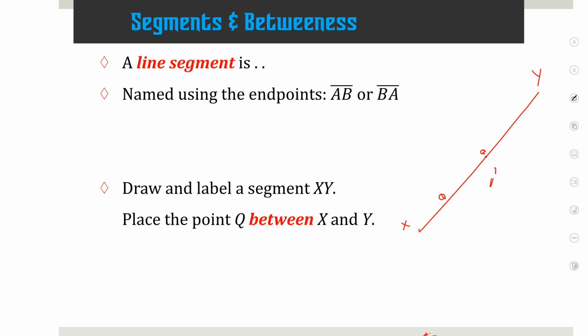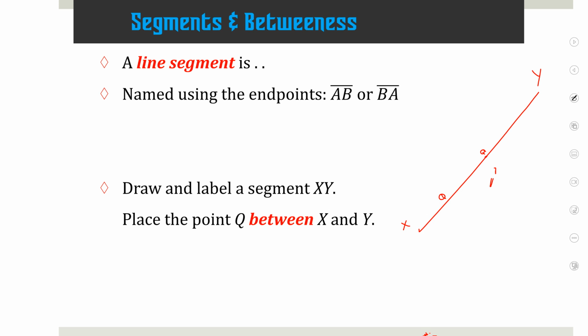Okay, now here's the hard part. What does it mean for a point to be between two other points? Alan? Means that the segment crosses that point at some point.